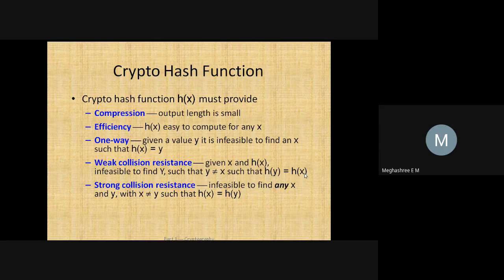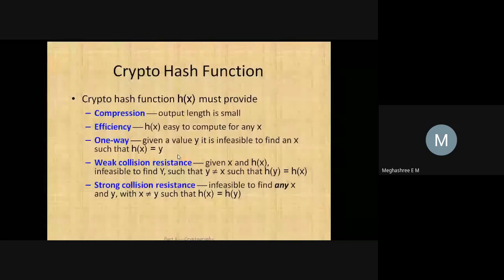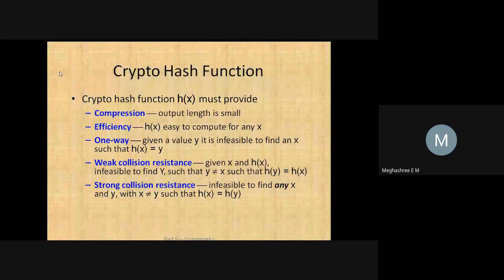This requirement means it is not feasible to modify a message without changing its hash value. I'll repeat: even though you have x and h of x, you should not be able to find a y not equal to x with h of y equal to h of x. So we conclude that it is not feasible to modify a message without changing its hash value, meaning each message has a unique hash value. That is weak collision resistance.